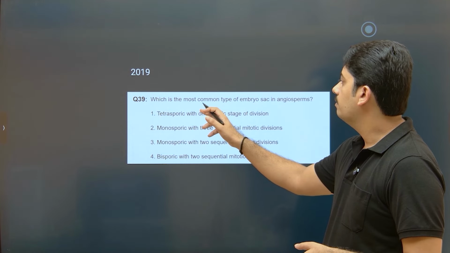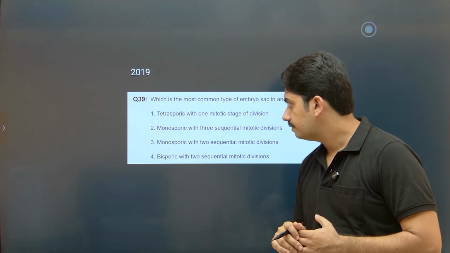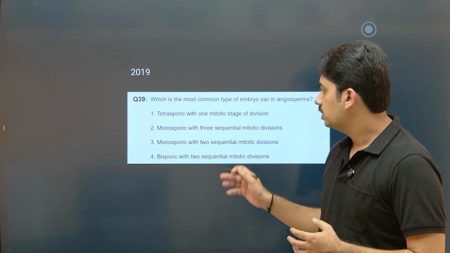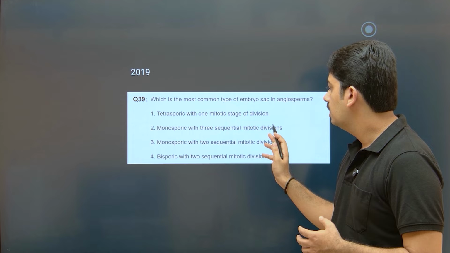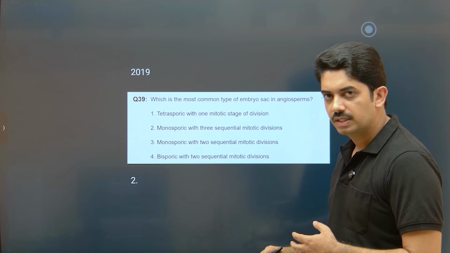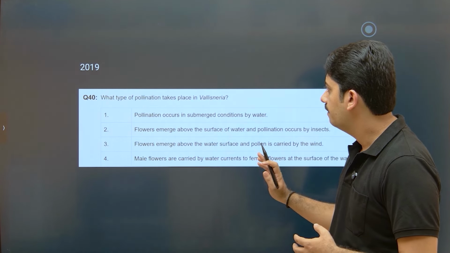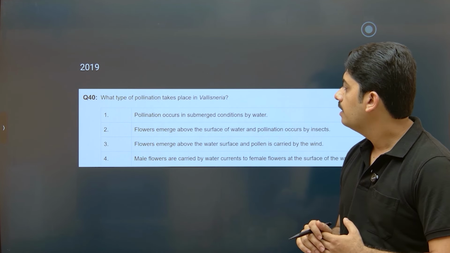Which is the most common type of embryo sac in angiosperms? Monosporic with 3 sequential mitotic divisions. Second option is correct. Direct question again. What type of pollination takes place in Vallisneria?